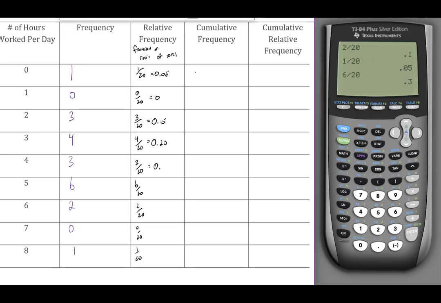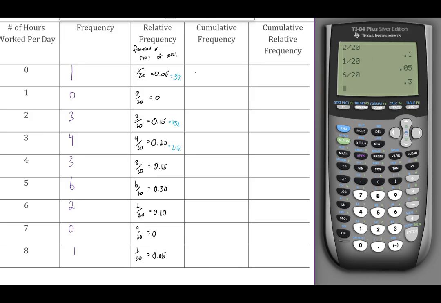This is 0.15. 0.30. 0.10. 0.05. All right, so we can also add in here a percent if we wanted to. This would be 5%. This would be 15%. This would be 20%. So again, we can deal with relative frequency or relative percent frequencies. They mean the same thing.